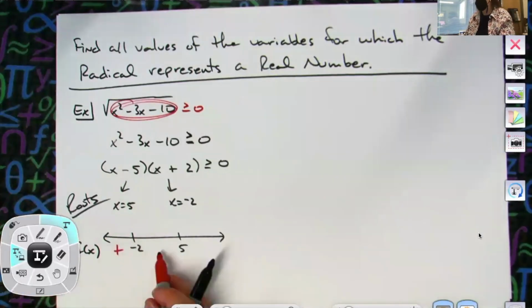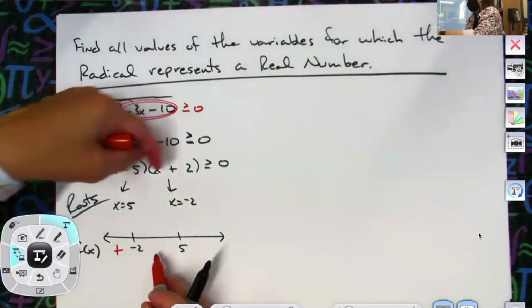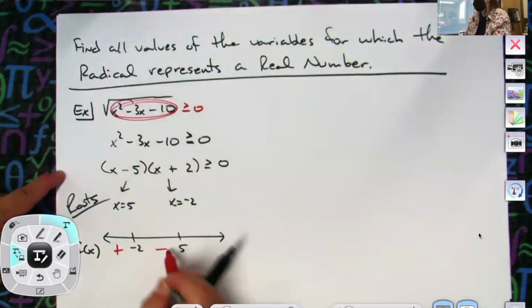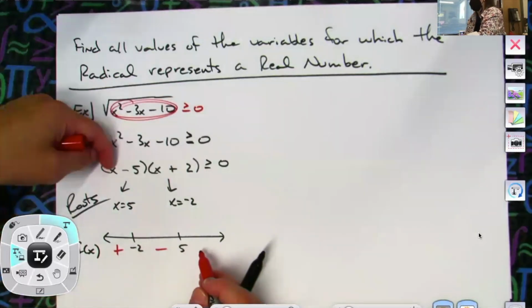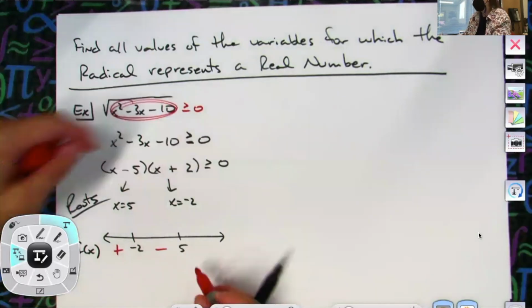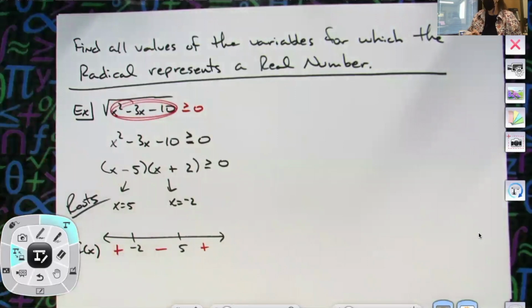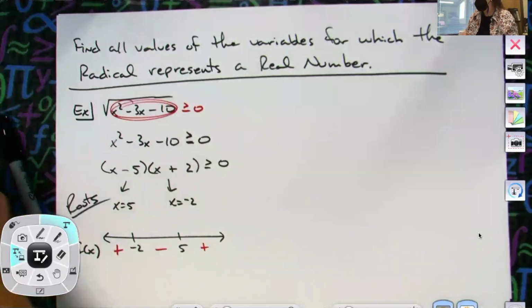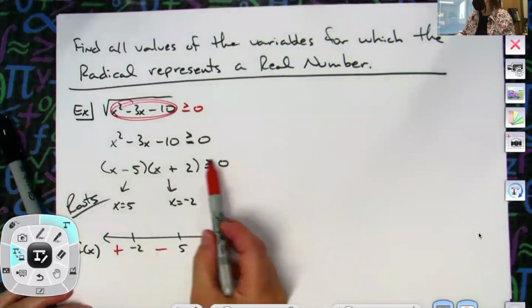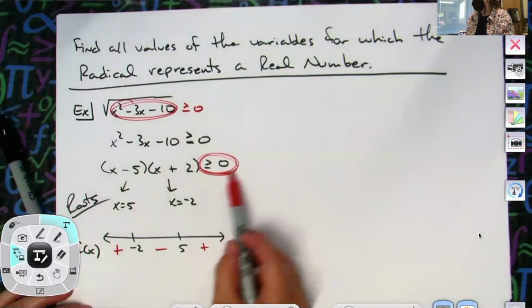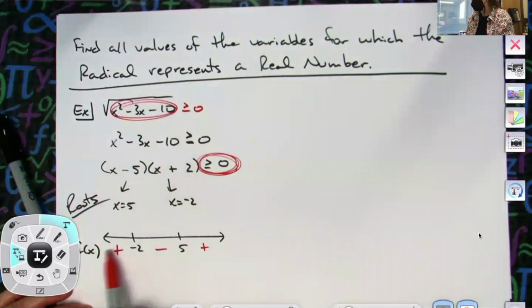Plugging in a 0, that'll be a negative times a positive, which will make that negative. Plugging in a really big positive makes this positive, positive times positive is positive. So where is the parabola greater than or equal to 0? Well, it would be here and here.